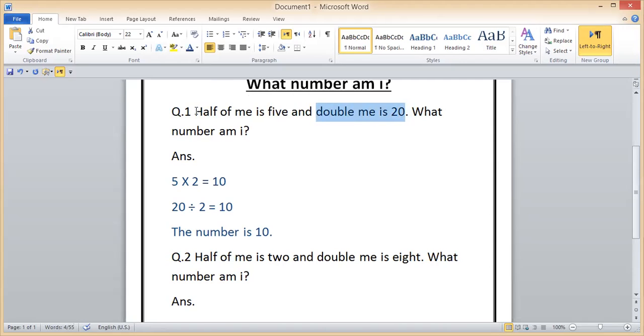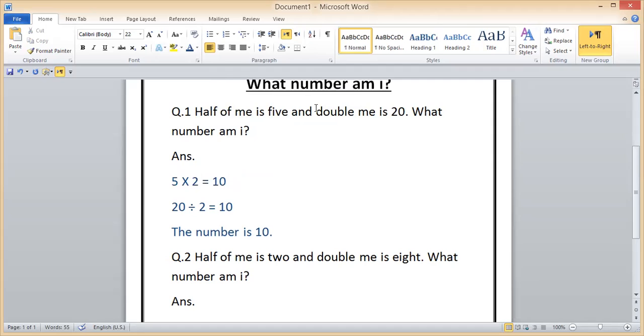Half of me is 5, so if you find the inverse, the double of 5, you will find that number. To find the double, you multiply by 2. So 10 is the number. You can even check: half of 10 is 5. Am I right?